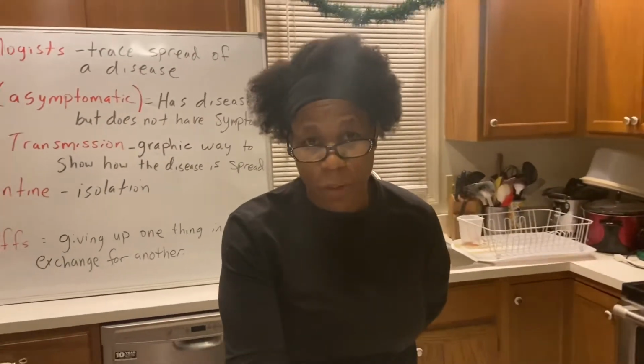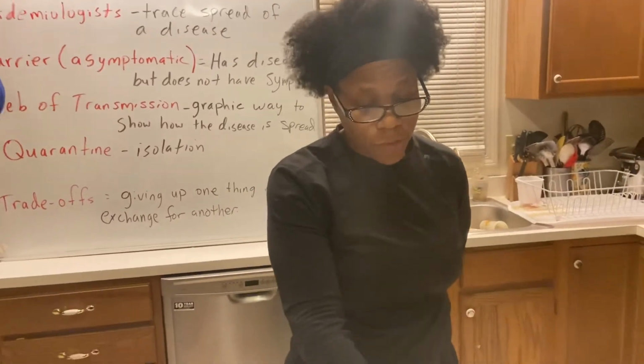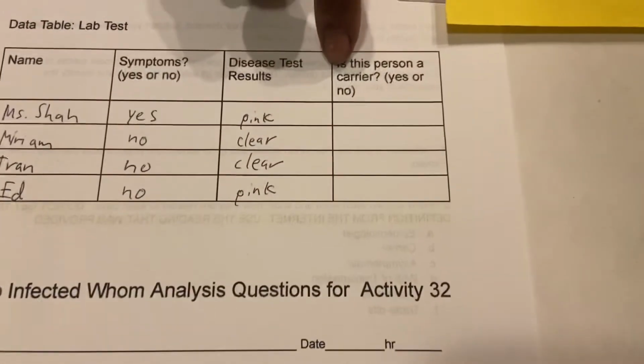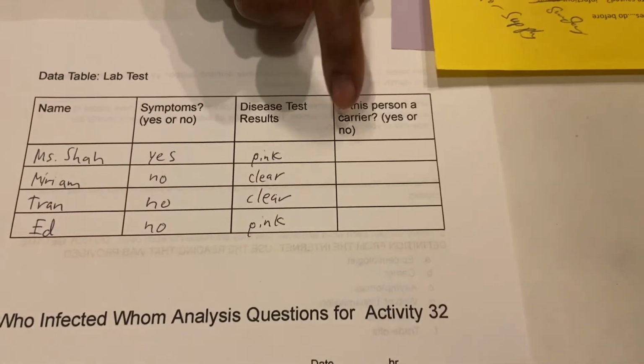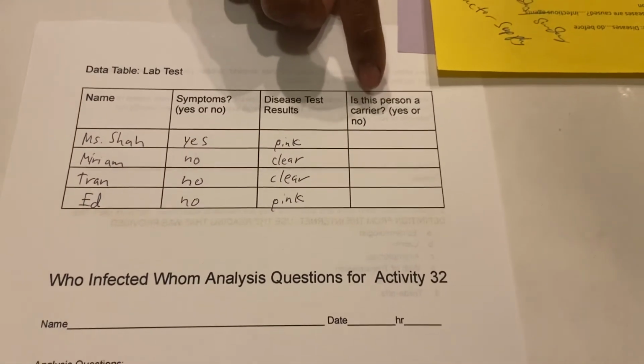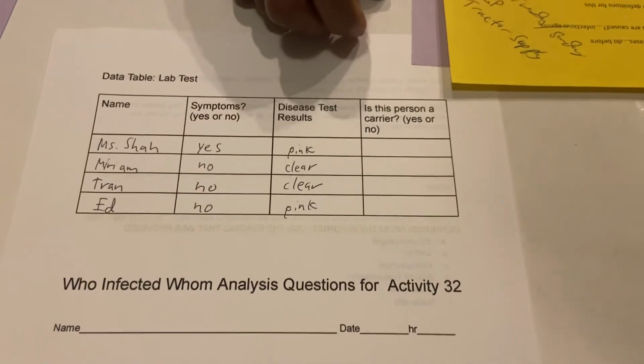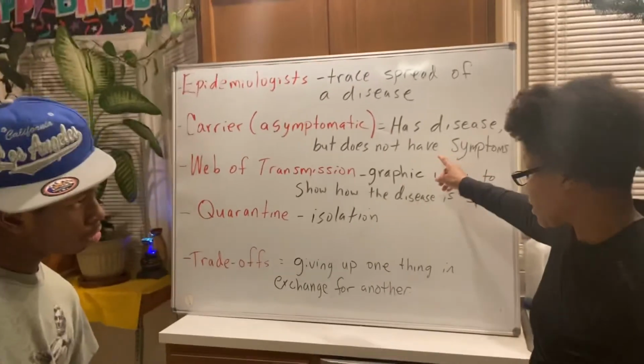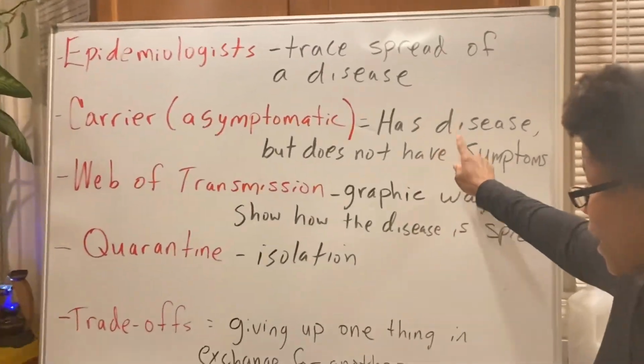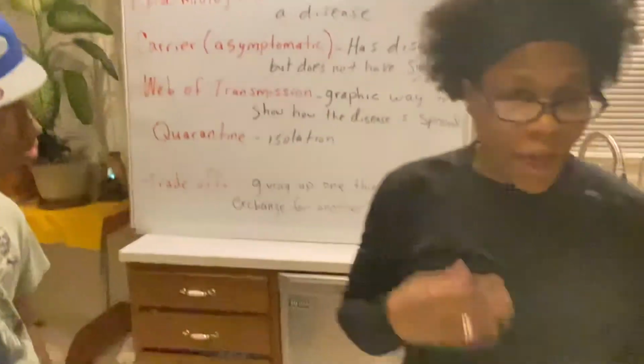Okay, so let's come on back to me. All right, class, this part of your data table should be filled out by now. You need to finish the rest of the data table. I'm not going to tell you if they were a carrier or not. From this assignment, you should know what a carrier is now. A carrier is a person who does not have symptoms but has the disease. So that means they feel absolutely fine.